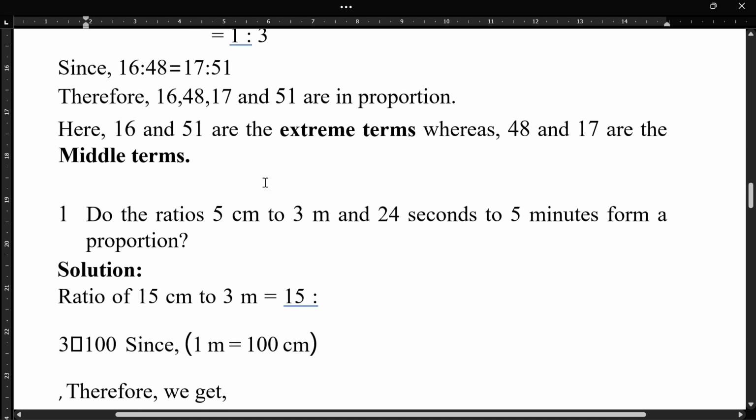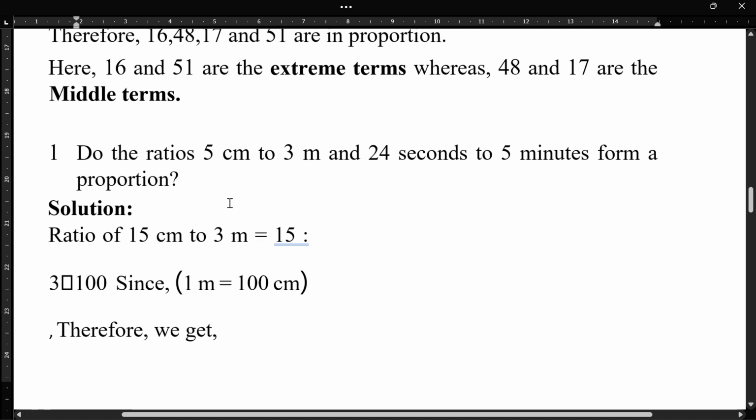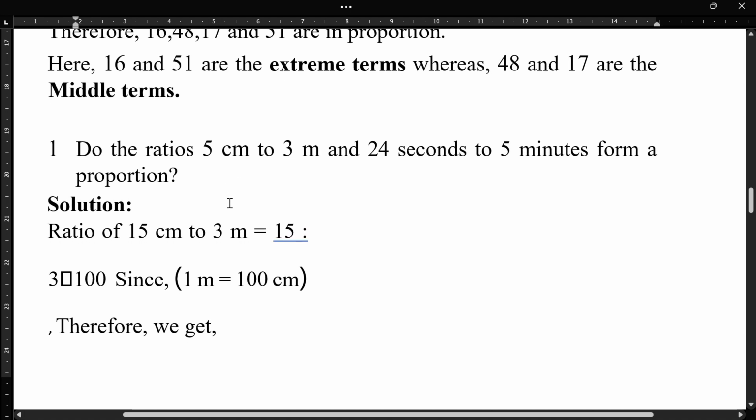Now let's check whether the ratio of 15 centimeter to 3 meter and 24 seconds to 5 minutes form a proportion. As we have already discussed, if we are going to take a ratio, the quantities should have the same unit. Here we have different units like centimeter and meter. First we have to arrange them into the same units, and we will convert the bigger unit into the smaller.